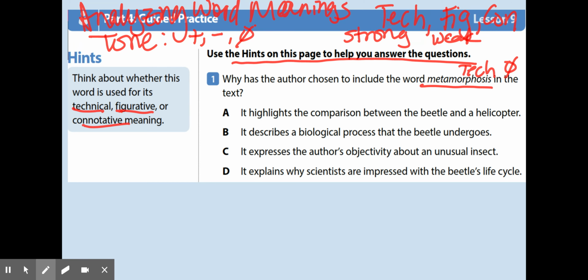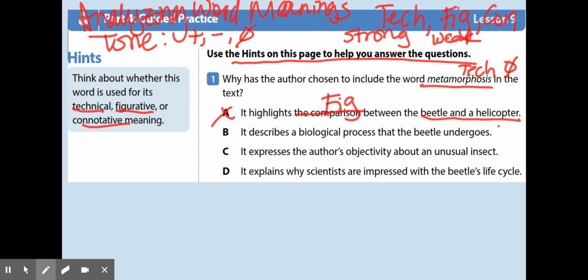I know that because the text told me. A says that it highlights the comparison between a beetle and a helicopter. Well, in paragraph 3, that's not what it's doing. That's back in paragraph 2, and that's figurative, not technical. So no.